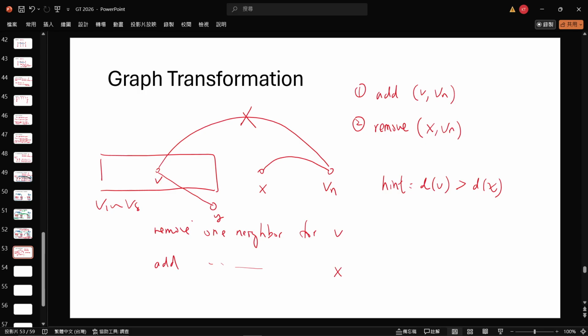So the way we utilize this hint is that V has more neighbors. If V has more neighbors, then we can always find a vertex that is adjacent to V but not adjacent to x.